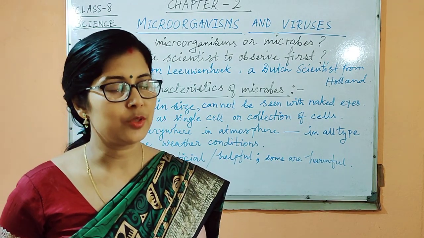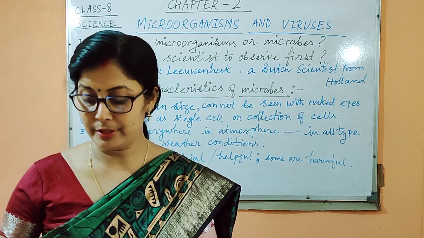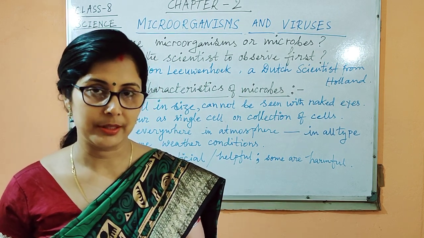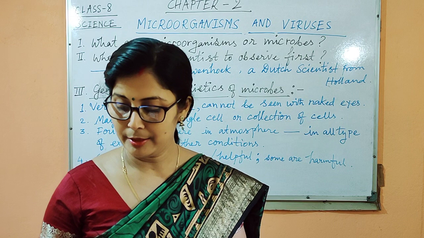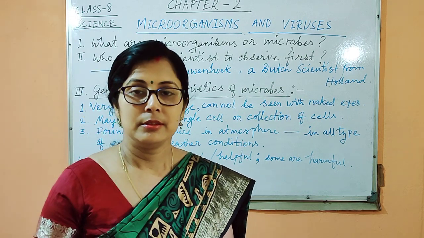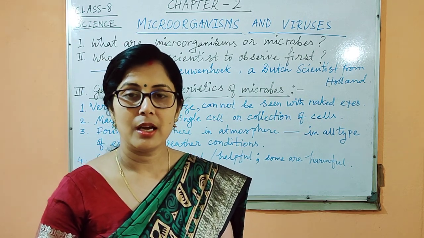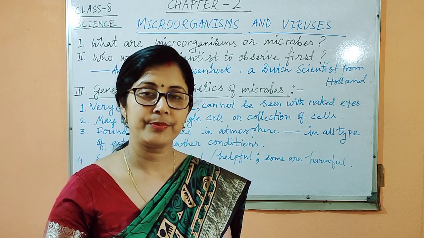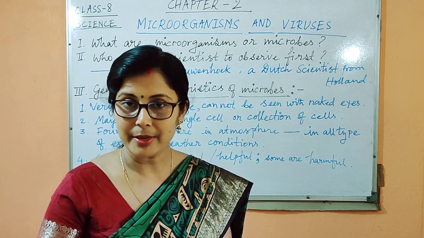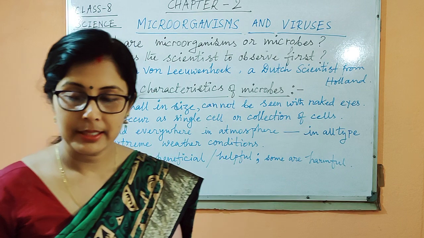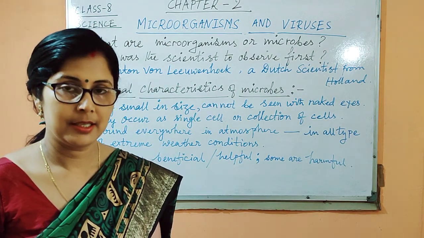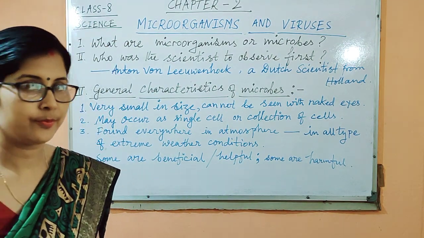In the previous classes, we have read about the different diseases caused by microbes in your junior classes, right? So when we are affected by any disease, we cannot see the microbe, right? In this chapter, we will see what the different types of microbes are.